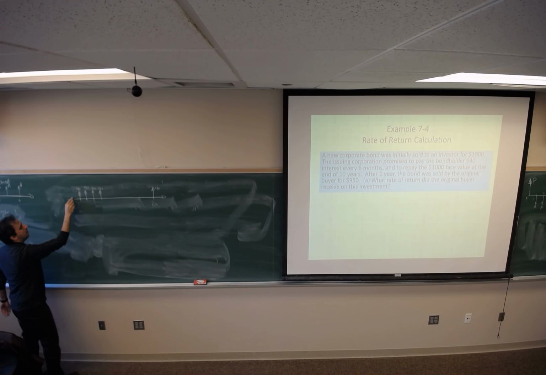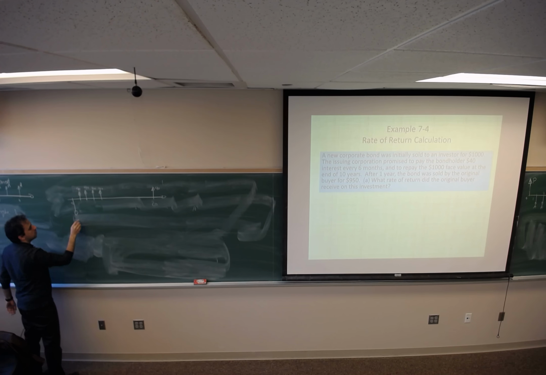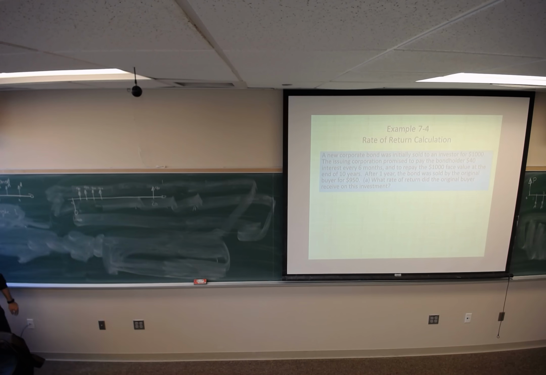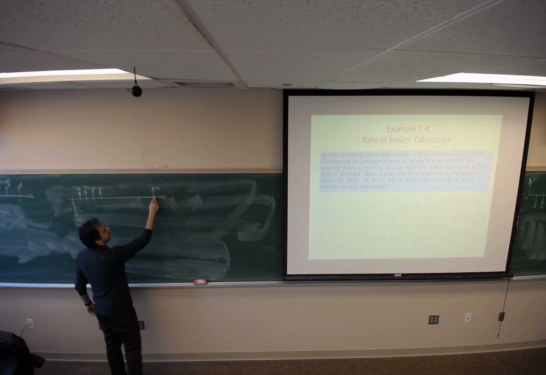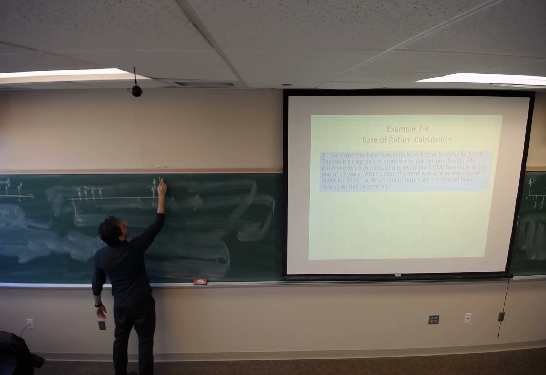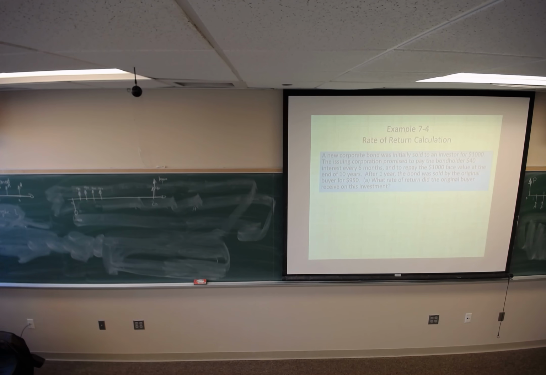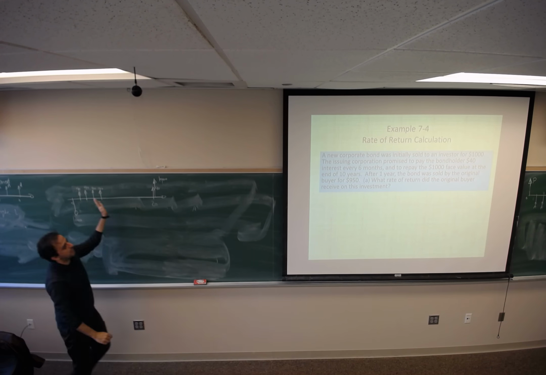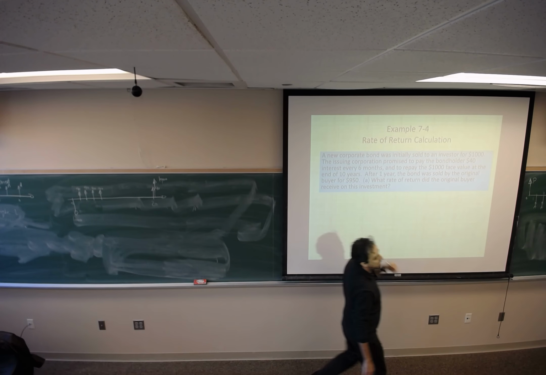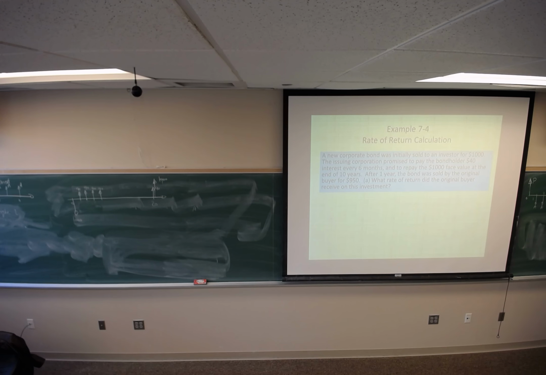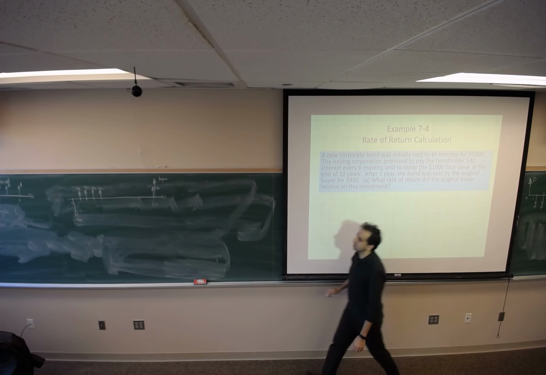And you buy this at $1,000, and at the end of the period, which is 10 years from today, you get the face value, which is $1,000. If you buy the bond and keep it for 10 years, it's going to happen like this. But you decide after 1 year to just sell the bond.